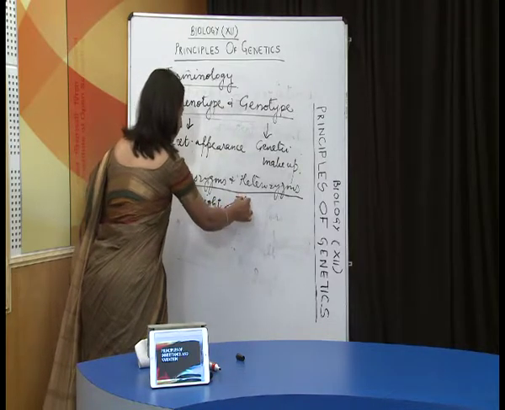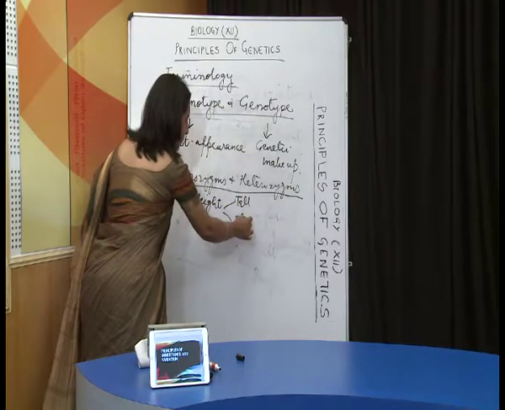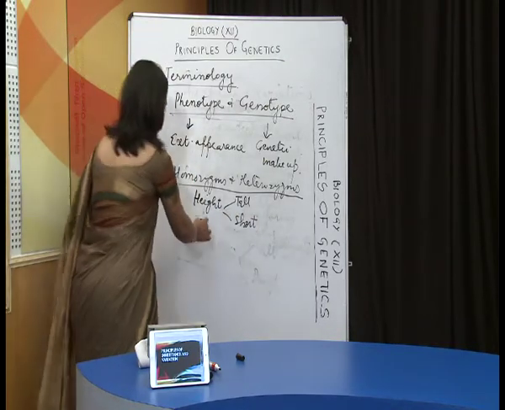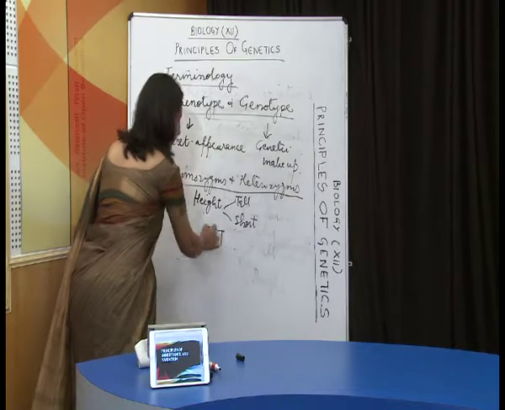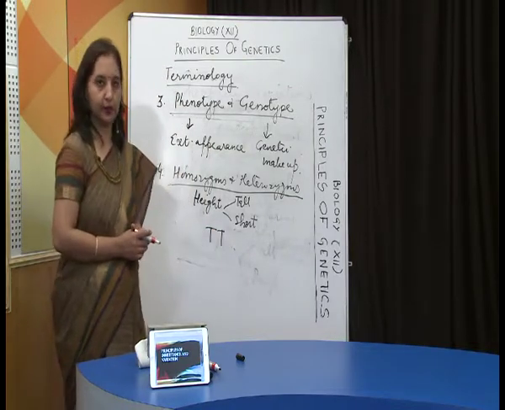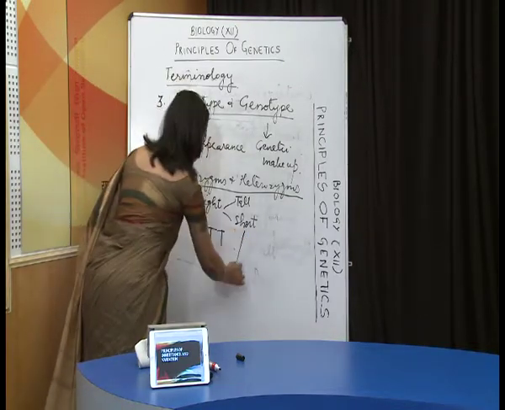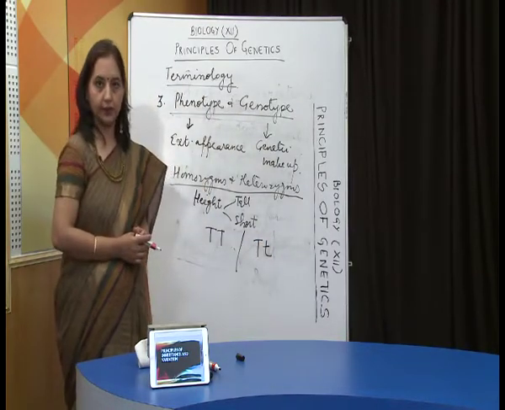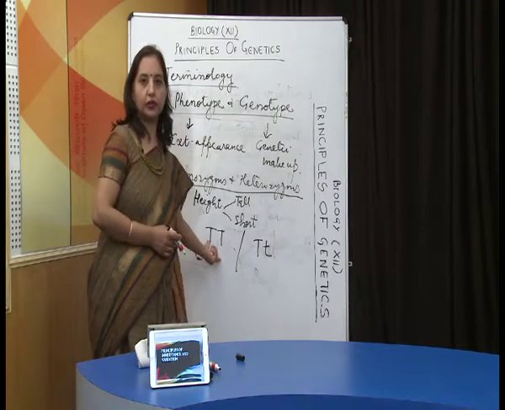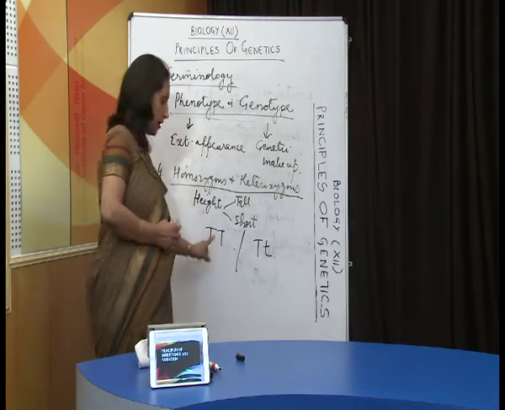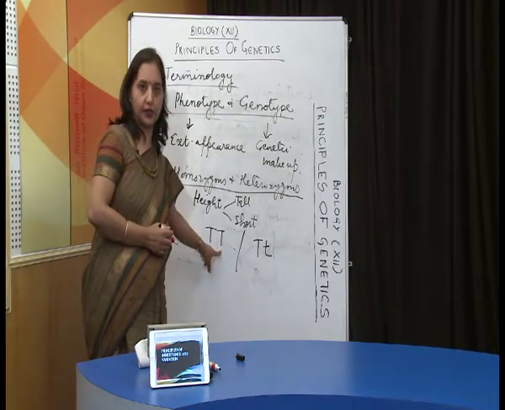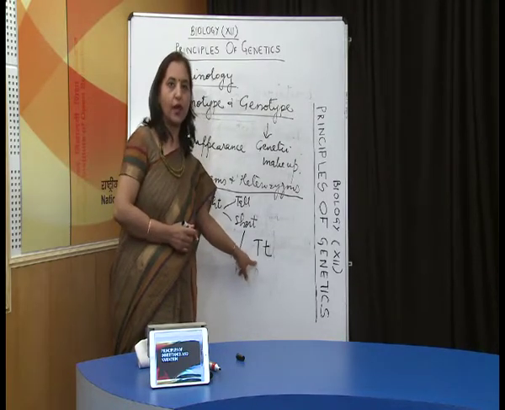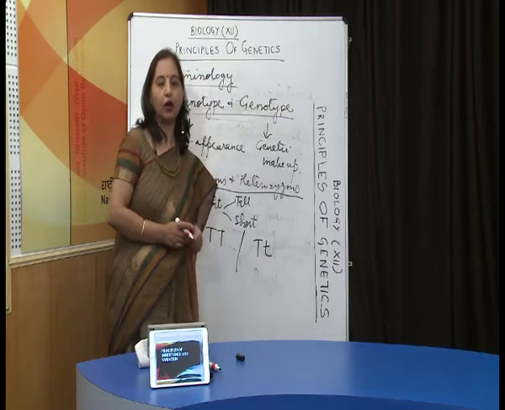can be tall or it can be short, and the plant may have two alleles of the same type, that is capital T, capital T, or may have capital T, small t. So this kind of condition is called homozygous, where the same allele is duplicated, whereas this condition is called heterozygous, where the same allele is not duplicated.